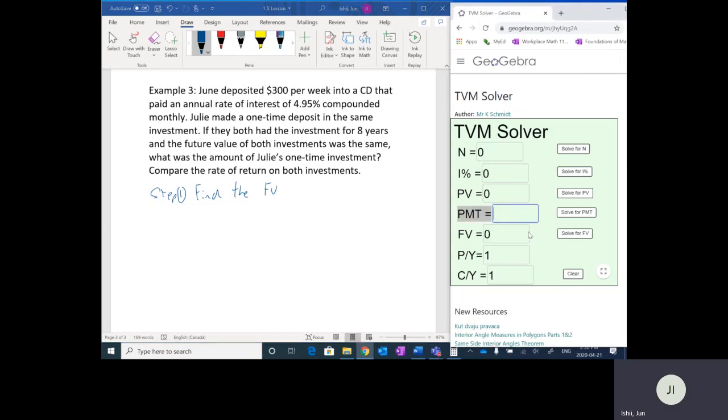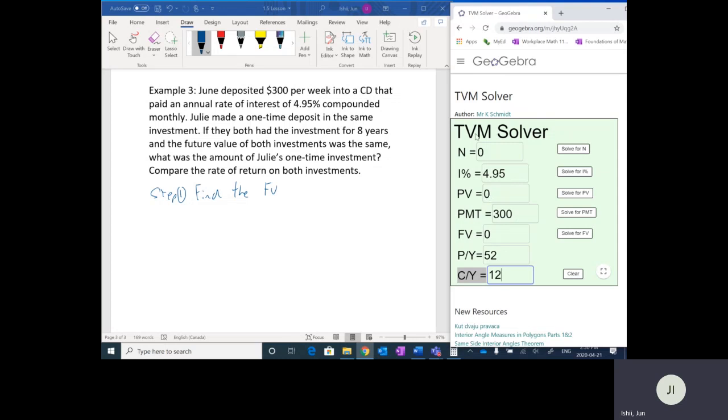So the payments were $300 per week. All right, so payments per year would be 52. Annual interest rate of 4.95%, compounded monthly. Okay, so there's 12 compounding periods per year. We want to find the future value.